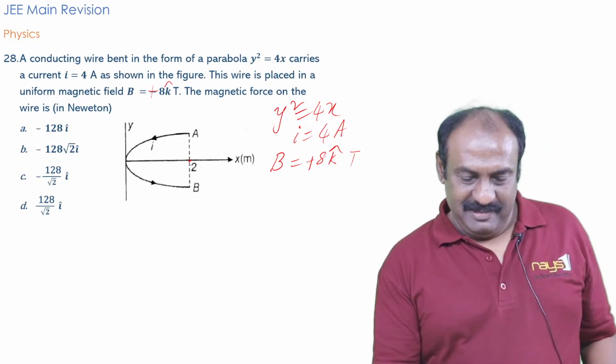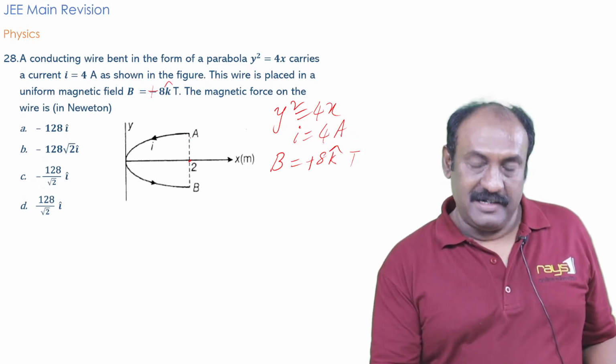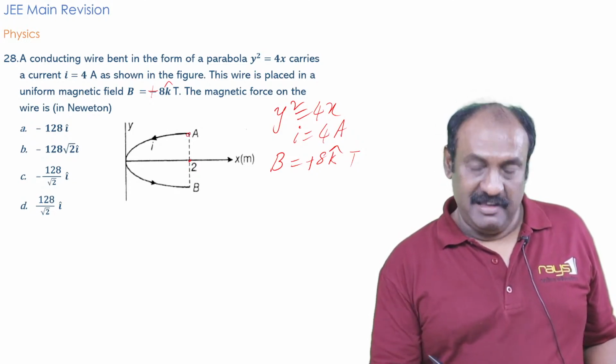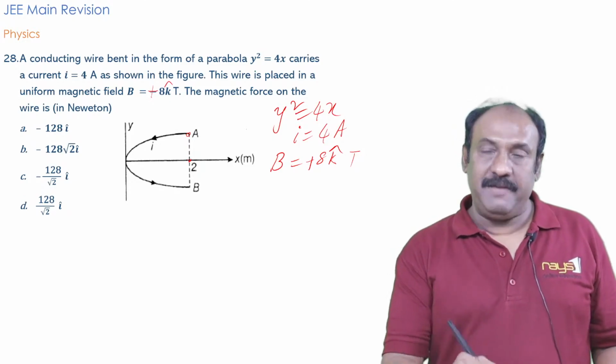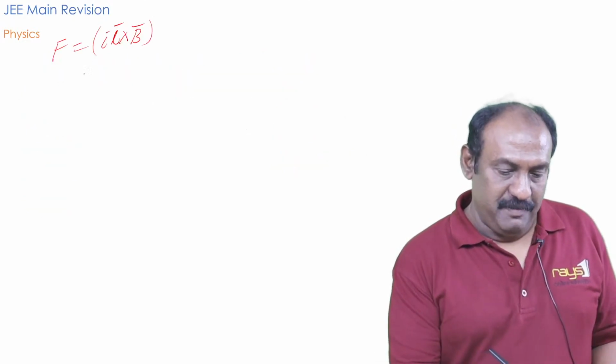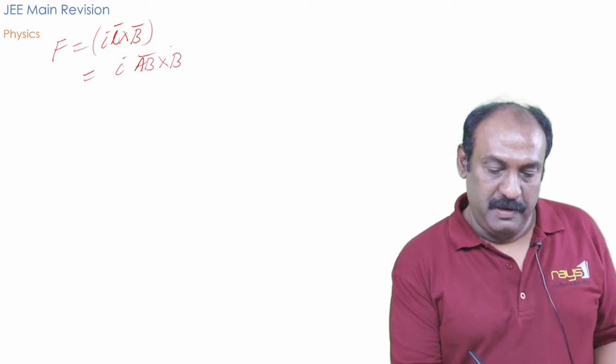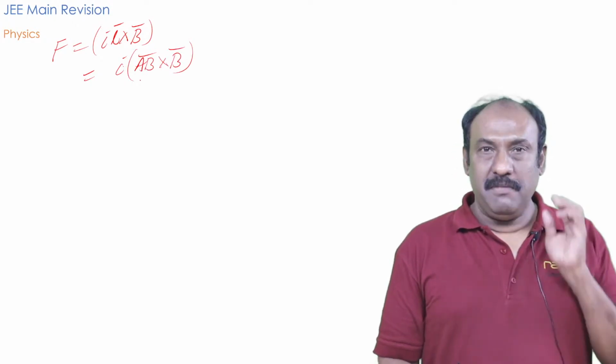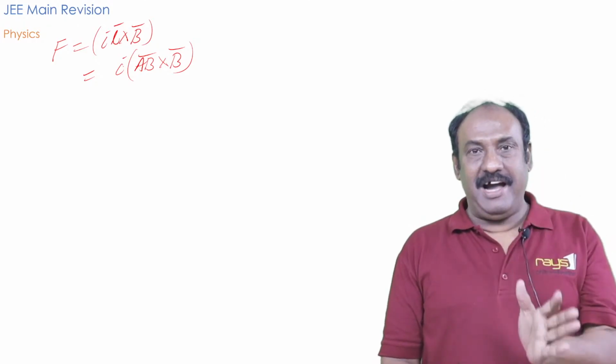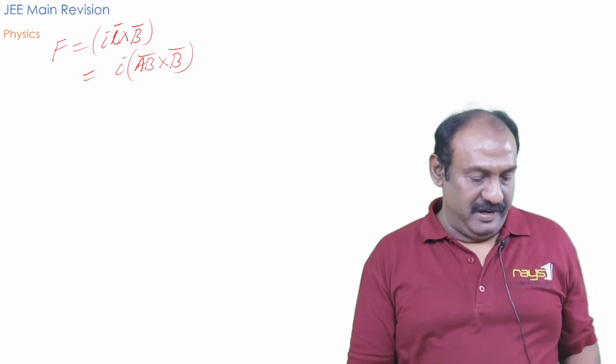We want the distance from A to B. Here I L bar is I into AB bar cross B bar.